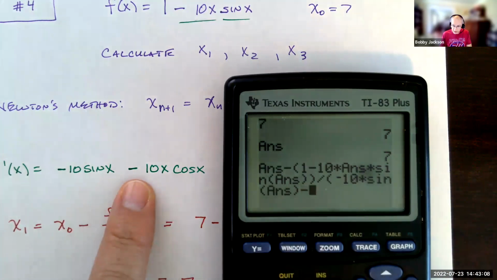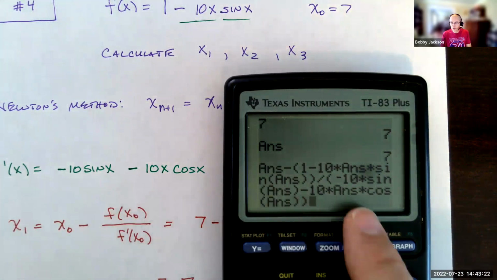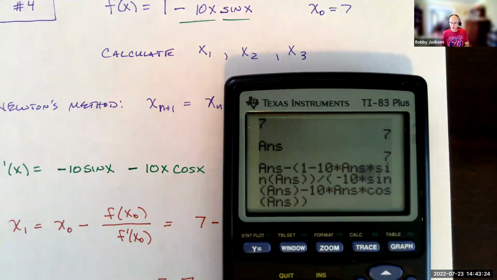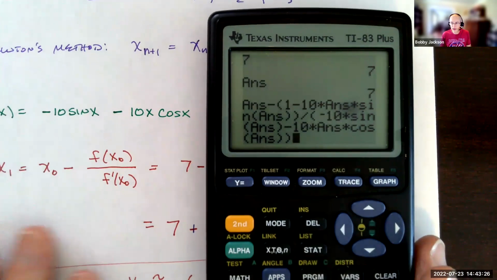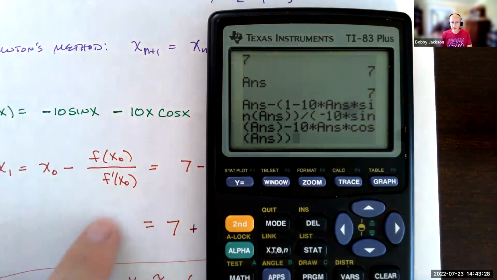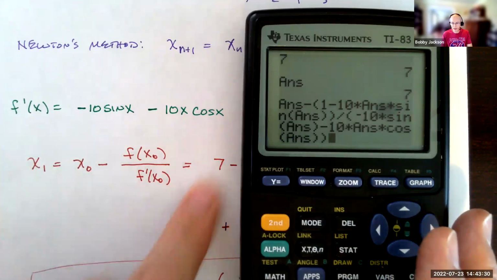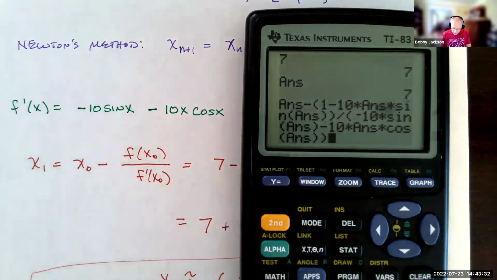Minus, now I can use a minus. 10 times x, where I'm again going to use answer, times cosine of answer. Close the cosine and then close the parentheses for the denominator. So this is Newton's method. I've done it in the calculator, and this should generate my x sub 1. It's the same thing I typed out here.